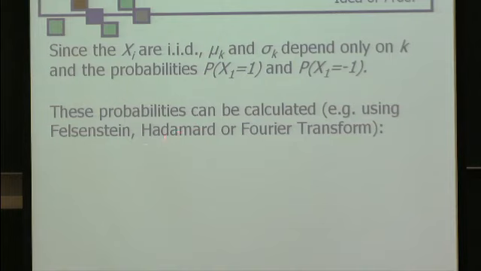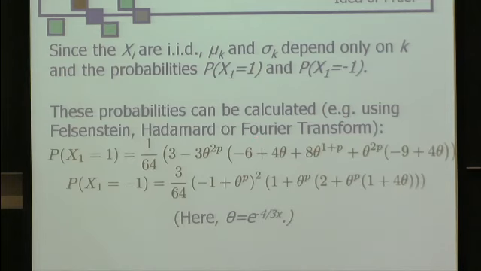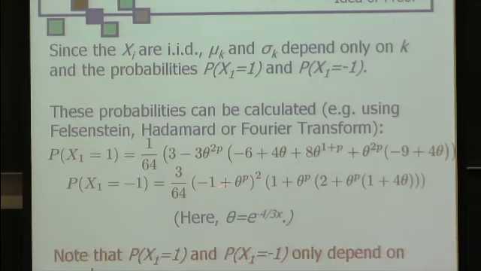With Mike, I did it with the Hadamard transform, and Martha prefers the Fourier transform because she likes things complicated. But in the end, you end up with such nice probabilities which only depend on x and p. So only the edge length of the internal edge and the factor you need for the pendant branches.